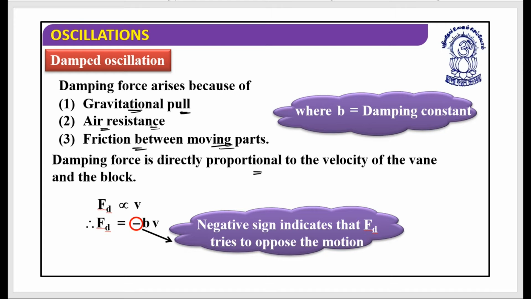This damping force is directly proportional to the velocity of the vane and the block, and this could be given as Fd. Fd is directly proportional to v, and if I remove the proportionality, I need to add one more constant, so this is Fd = -bv, where b is the damping constant. And the negative sign indicates that this damping force tries to oppose the motion.